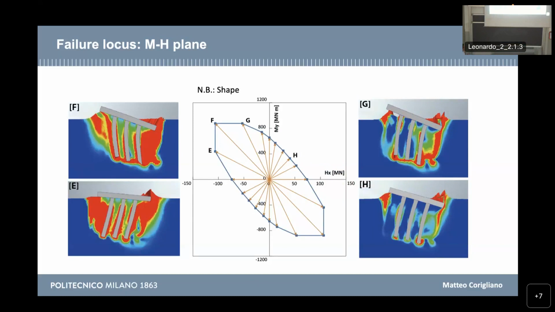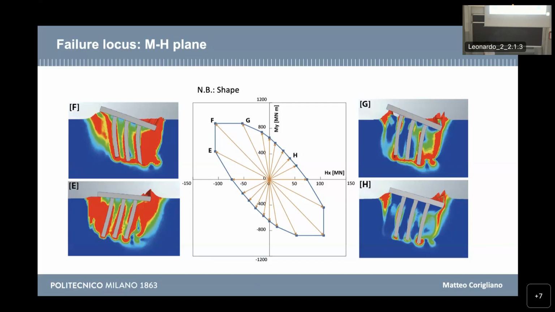We are in the plane bending moment horizontal load acting on the foundation. When the bending moment and the horizontal load have the same sign, so we are in the first quadrant there, the domain has a reduced dimension with respect to the other one, in which the bending moment and the horizontal load have opposite sign.